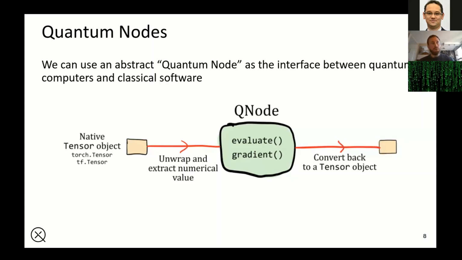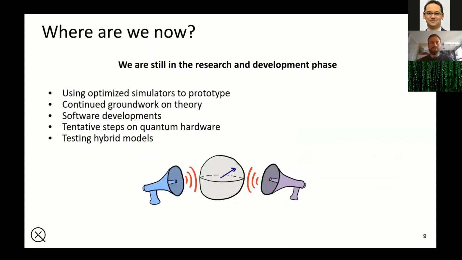All right, so we've seen how we can use hybrid models with quantum as well as classical nodes, and how we can use machine learning frameworks to differentiate over the entire model. Now, you might ask, this is really great, but can we actually use these quantum computers to solve meaningful problems?